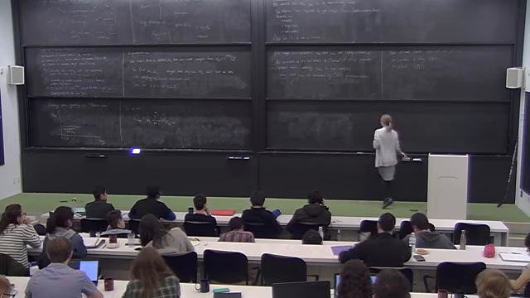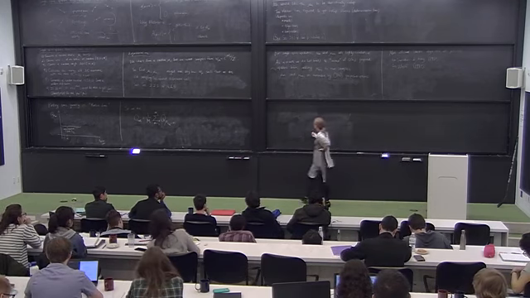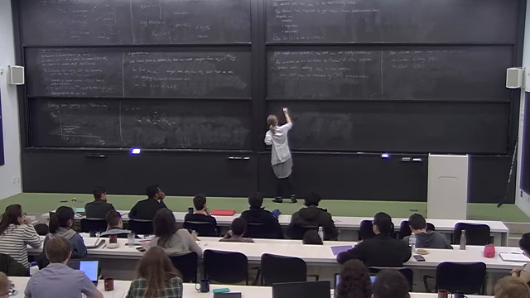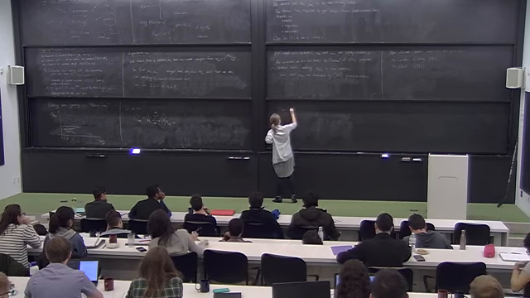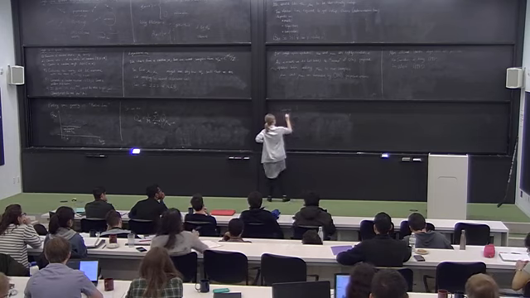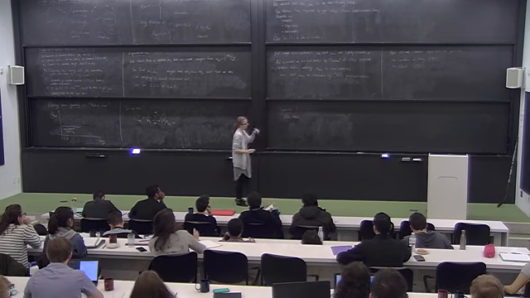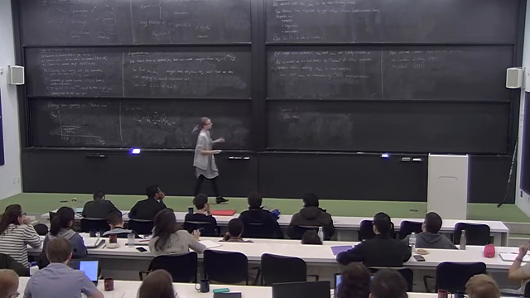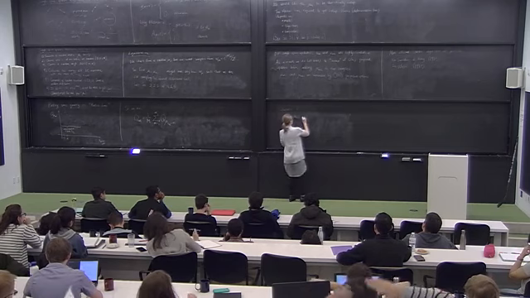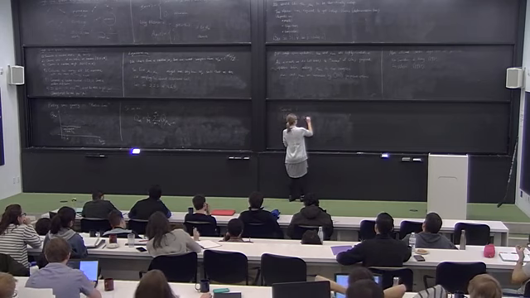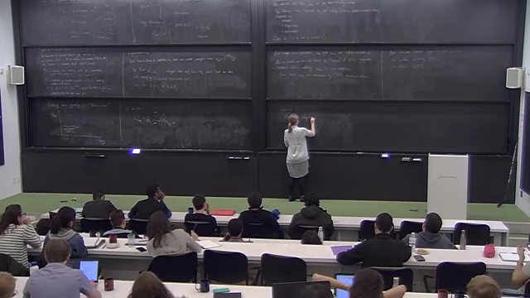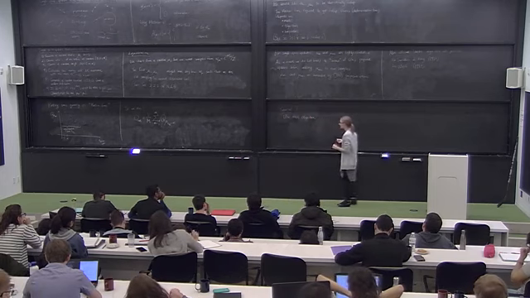So just to tell you what we're going to do today, we're going to use this algorithm to plot various observables as a function of temperature. When I say this algorithm, I mean the single spin flip Metropolis algorithm.